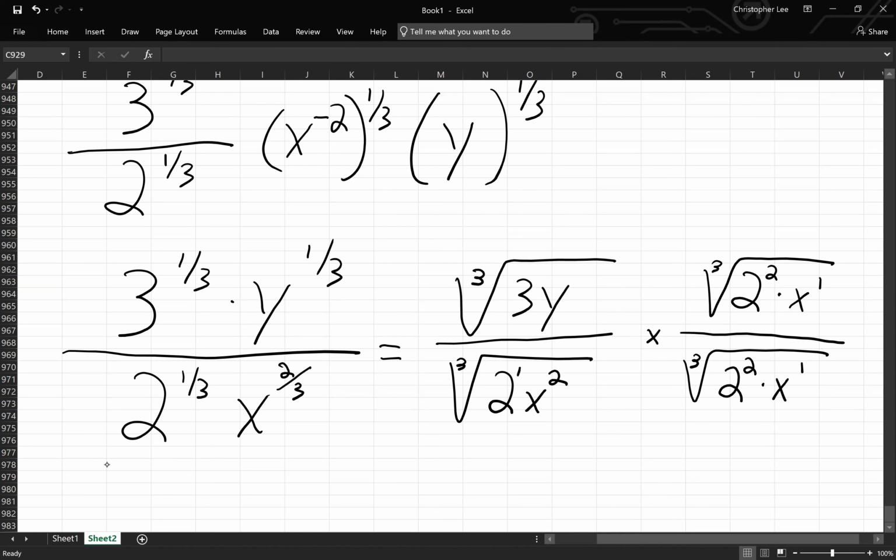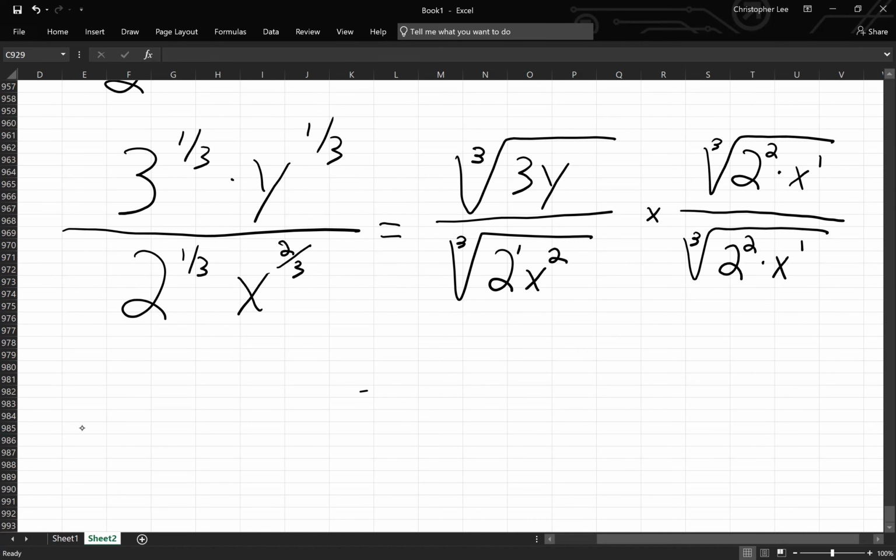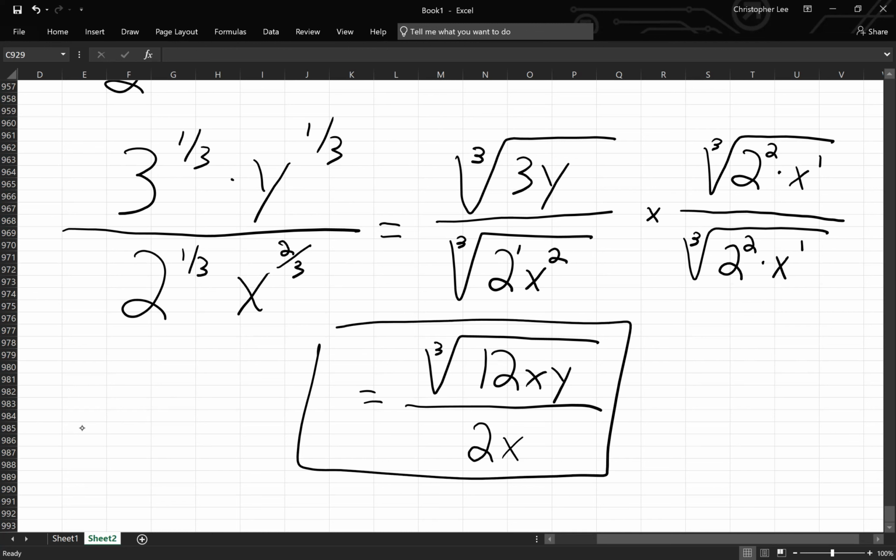Then just multiply straight across, you're good to go. So this would be 3 times 4 is 12, so the cube root of 12xy over just plain old little 2x. That would be your final answer.